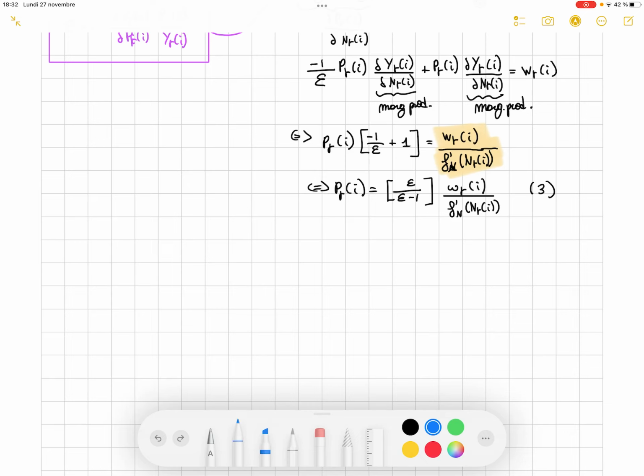Okay, and of course, let's not forget that this is basically the marginal cost of the variety i. It is the cost divided by the increase in production related to this unit.